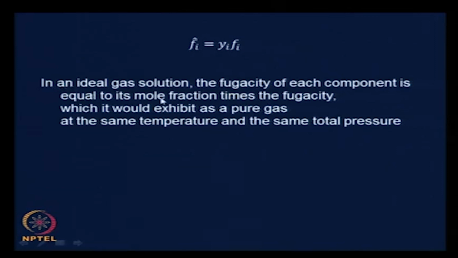To repeat, in an ideal gas solution, the fugacity of each component Fi hat is equal to its mole fraction times the fugacity which it would exhibit as a pure gas at the same temperature and the same total pressure.